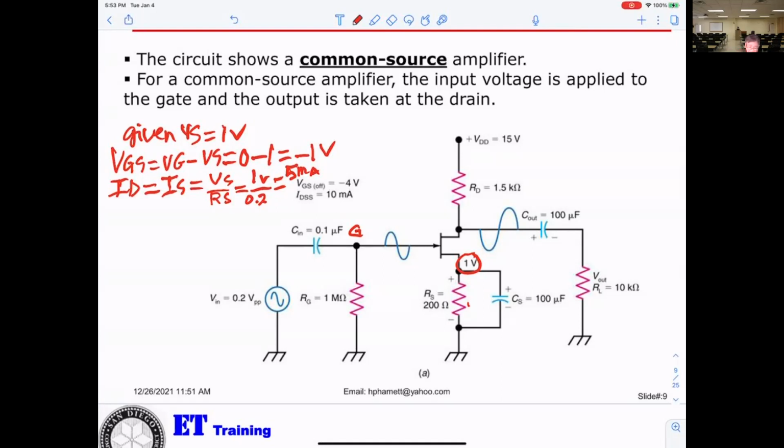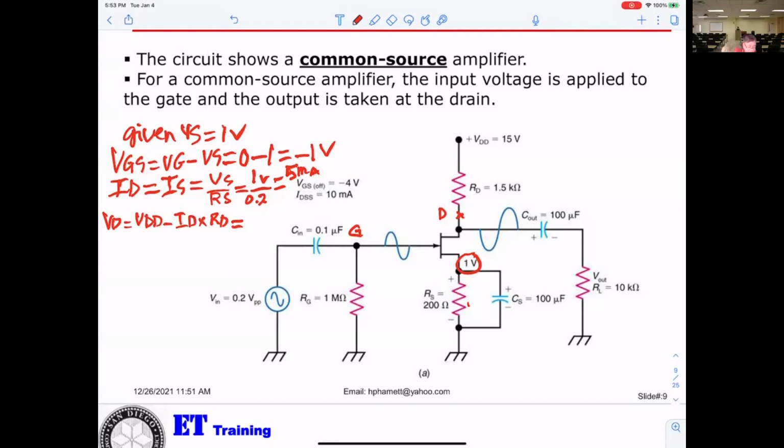Now I want to calculate the VD. The formula will be VDD minus ID times RD. Calculate and tell me what I'm supposed to get. 7.5.